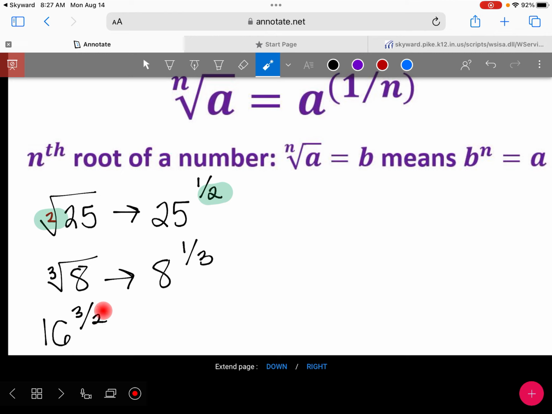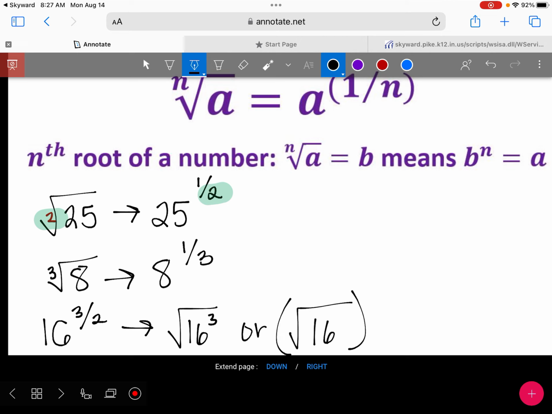That's what that 2 means. Whatever is in the denominator is your root. So it's not the cube root because 3 is in the numerator. It's the square root. We're taking the square root of 16, and then we're taking that answer to the power of 3. So this can be written as the square root of 16 to the power of 3, or you can also put that 3 on the outside.